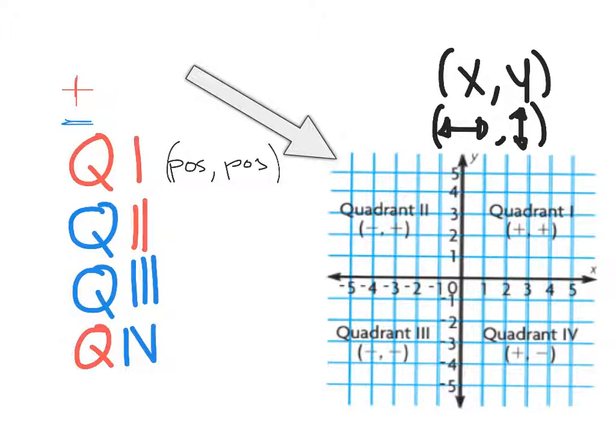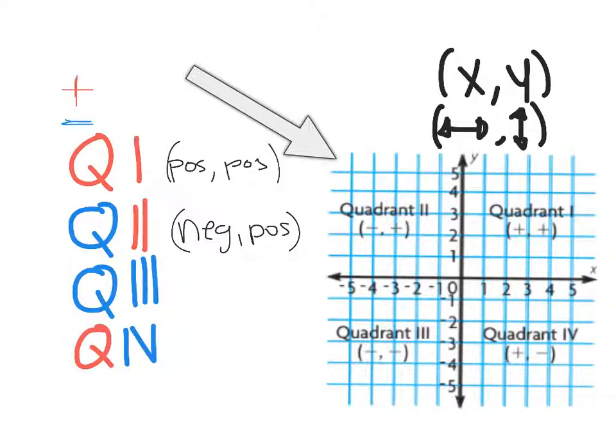Now, quadrant 2, this one here, is a negative positive. So it is, oops, I'll switch back to black, sorry. It's a neg pos. And I tried to do it color coordinated, so you have a blue Q, and the numbers are red there. So it's negative positive.